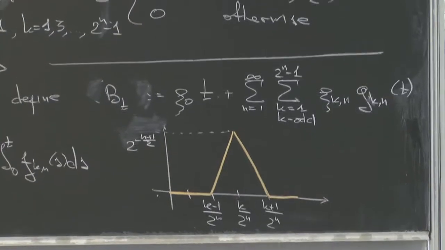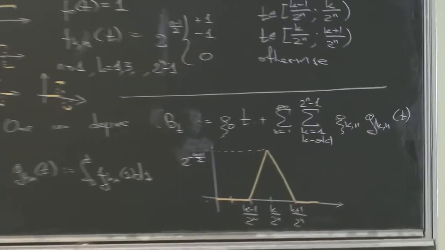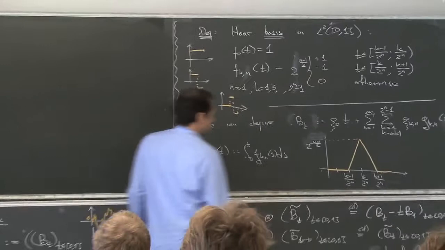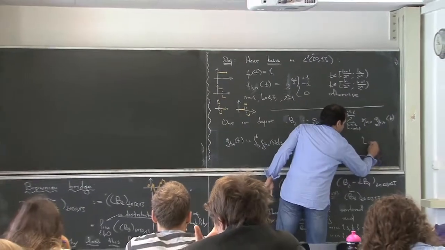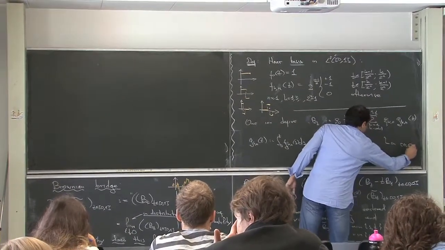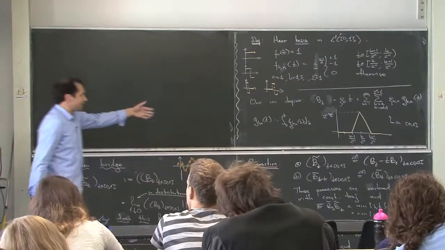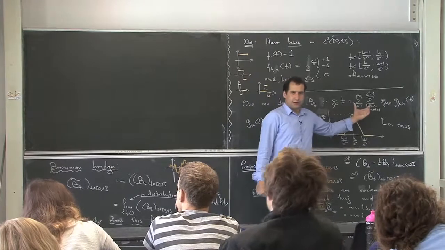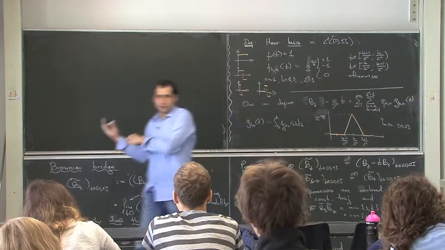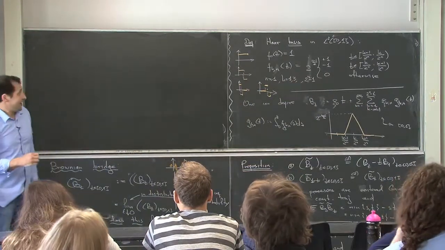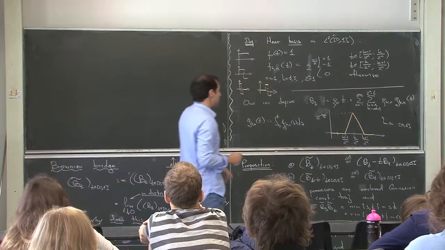So, okay, this is on 0, 1. Then, of course, it should be an ingredient, so I should know somehow why this is a continuous function. I should have an analog of the lemma on Fourier series I had last time.